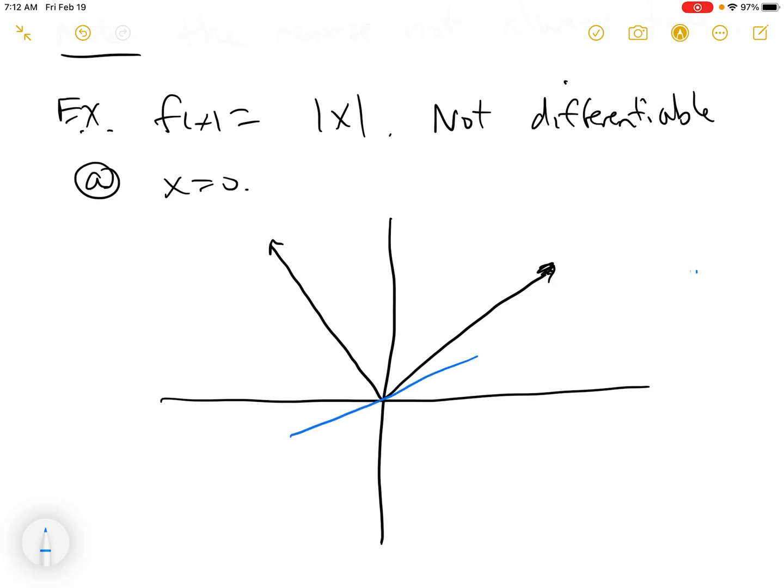There's a bunch. There's that one, that one, that one. There's infinitely many tangent lines to a really sharp point. To a curved point, there's only one, right? It touches and goes away, and that's differentiable. So if you have a sharp point like the absolute value function, or as we'll see pretty soon, some functions have what's called a cusp. It looks like that. There's no derivative there, even though it's continuous.